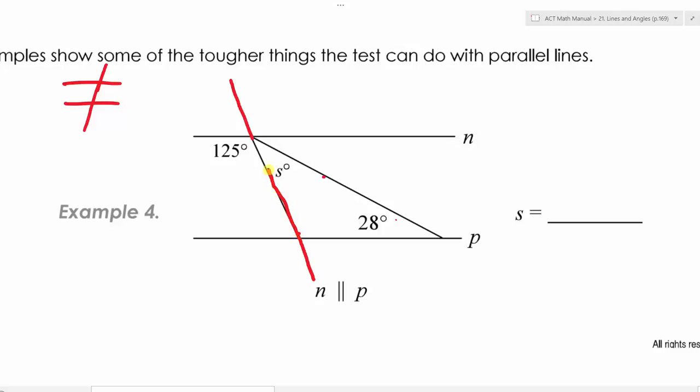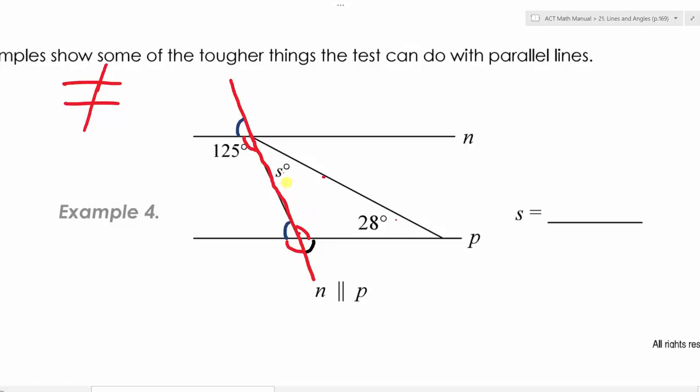So now what I should be able to see is that in the system of parallel lines and then this red line, I have this 125, which is a big angle, and then I'm going to mark my small angles in a different color. There's a small angle, and then down here I have another small angle, and then another big angle, and another big angle, and another small angle here.